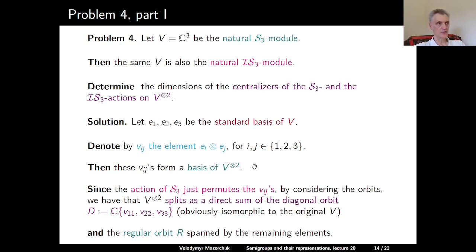This is an orbit: from any element we can get to any other element. And the stabilizer of each element is trivial, which means that that's a regular orbit. It has 6 elements, as many as the group S3 itself.